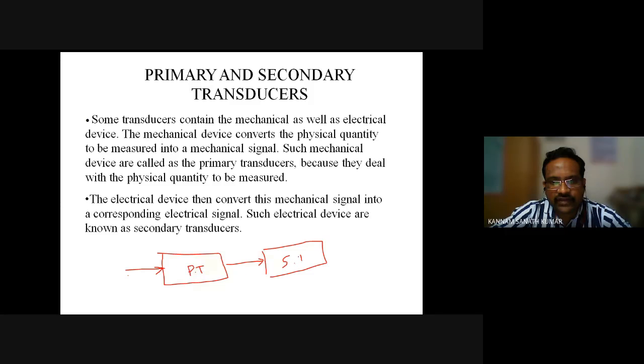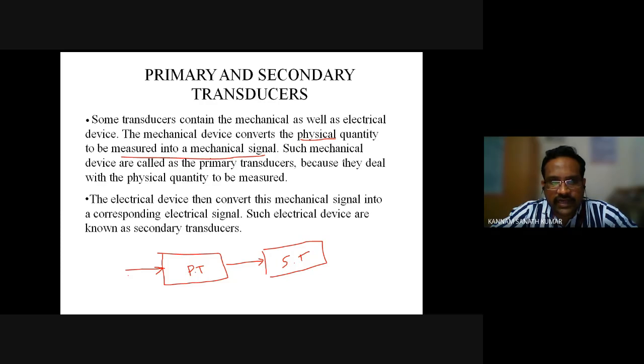For example, some transducers contain mechanical as well as electrical devices. The mechanical device acts as a primary transducer. It converts whatever the physical quantity to be measured into a measurable mechanical signal.